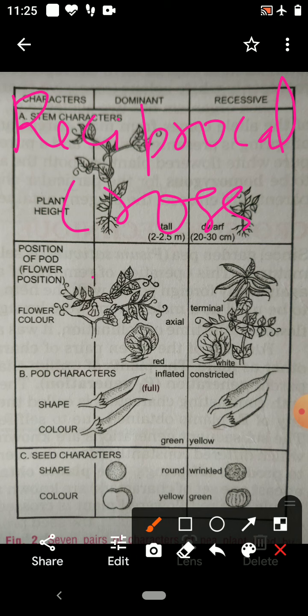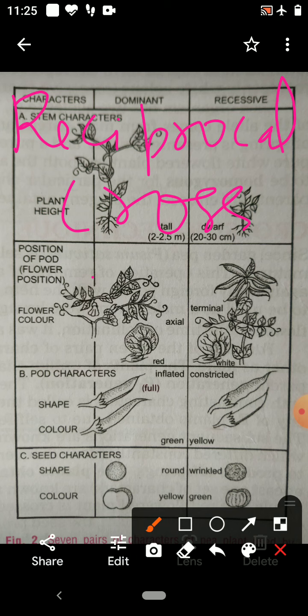Next time, again a cross breeding experiment was conducted, and the tall plant became female and the dwarf plant became male.